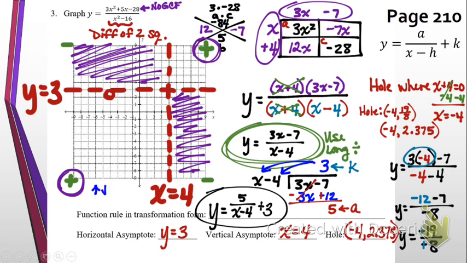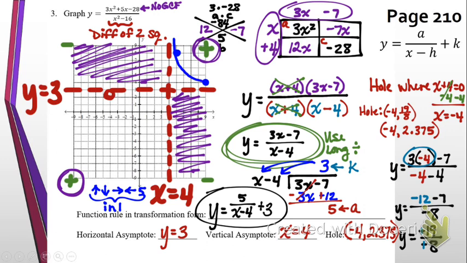So we're going to go up, down, left and right 5, and in 1. So from where they cross, 1, 2, 3, 4, 5, way up here in the corner. 1, 2, 3, 4, 5. This one's right on the edge of my graph.